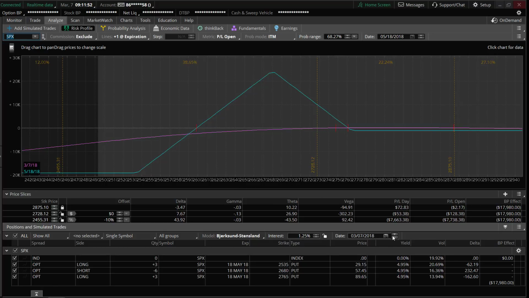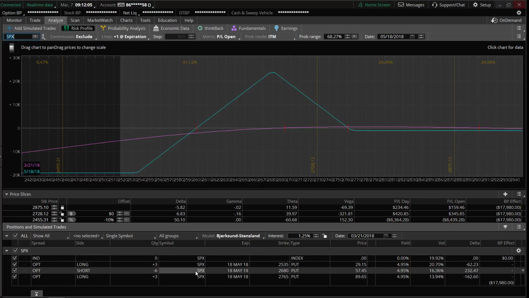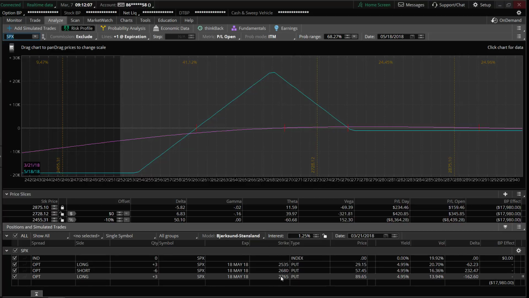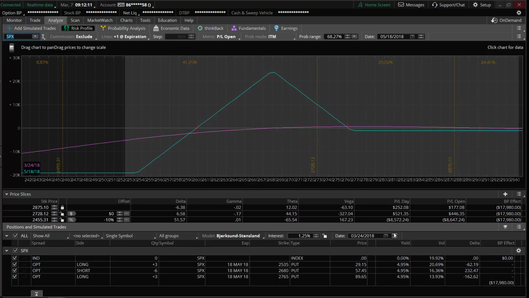But you can see as this thing gets further out in time, the break even drops lower and lower. 3 weeks from now, I'll be up money on this trade at this price. The body of the butterfly has a chance to decay, and those 2765 puts that we're long will hold their intrinsic value. The longer you hold, the lower that break even goes.